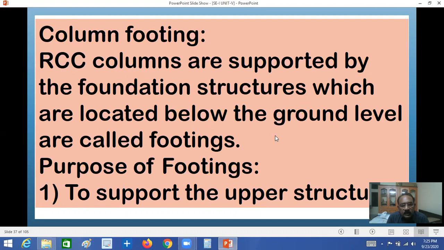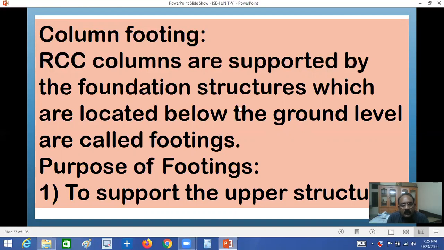For isolated footings, there are square footing designs and rectangular footing designs. And there are two types of footings: one is plain, one is sloped. I will explain how to design these isolated footings.